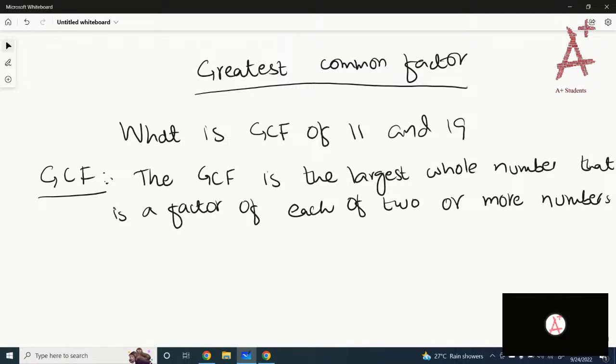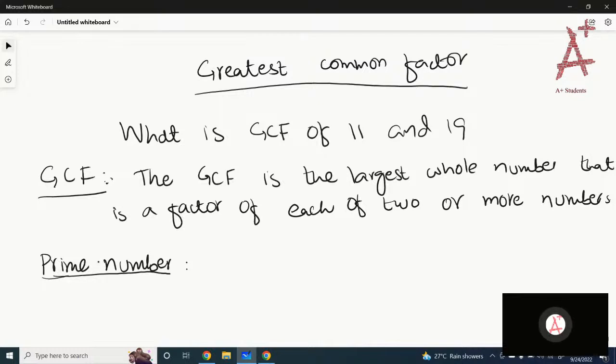So we know what the prime numbers are. Prime numbers are the numbers that have only two factors. You can note down the definitions, they are very important. So the prime numbers, not prime factors, are the numbers that have only two factors.